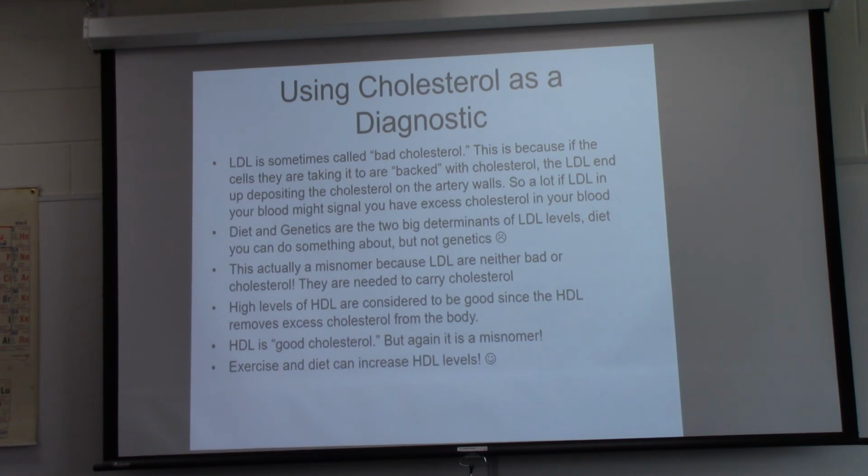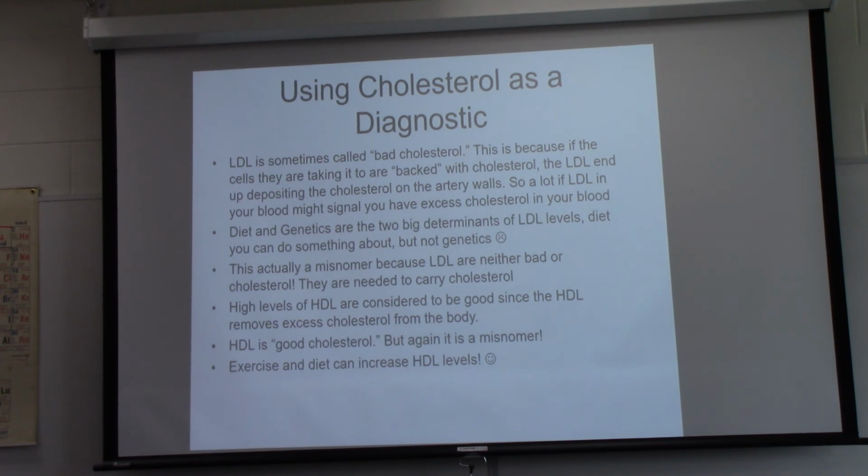Now, LDLs and HDLs are lipoproteins, and both are needed for bodily function. Neither one is bad, they're both good. But we will use them as a diagnosis to tell how our body is disposing of cholesterol. If there's too much cholesterol in our body, then in our bloodstream, that might cause clogging, which can cause a heart attack. Okay.